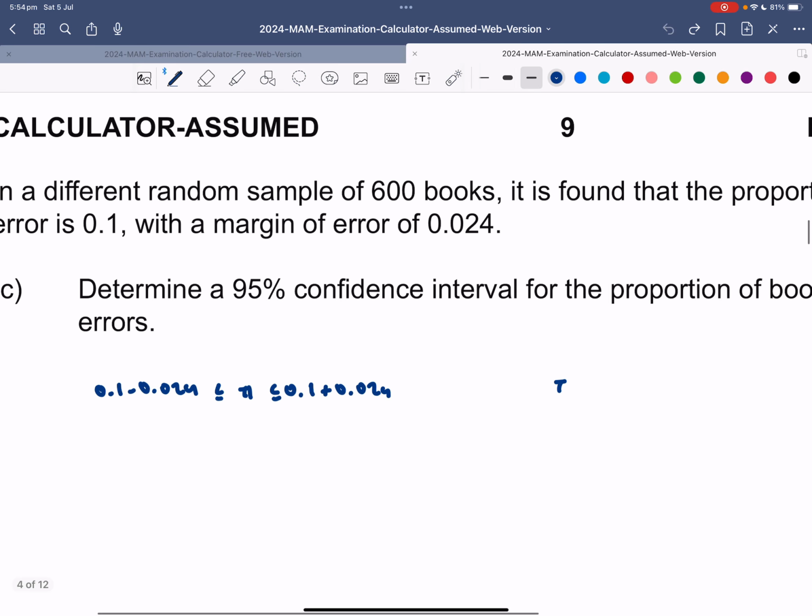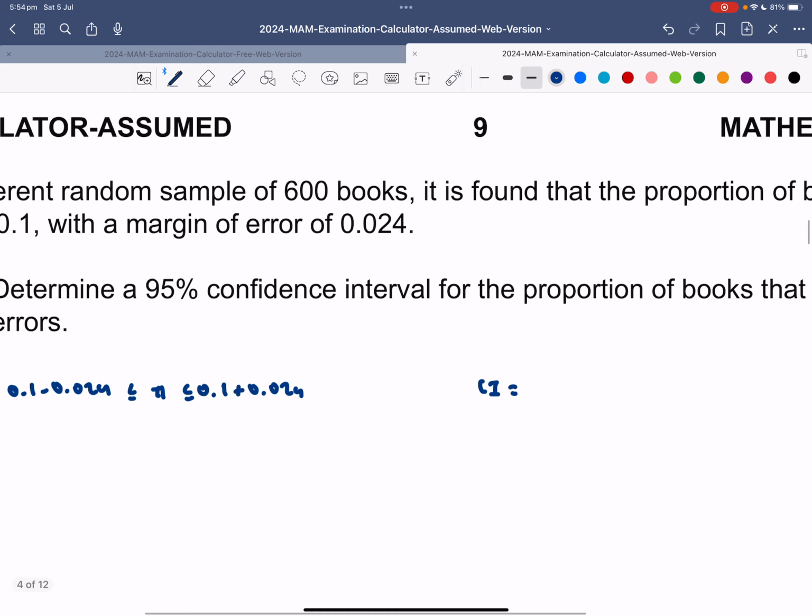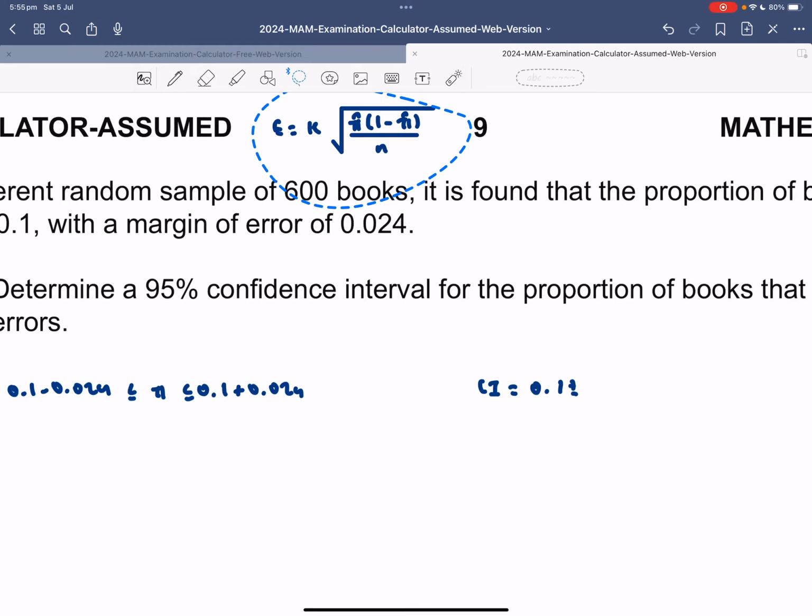Some teachers are pretty okay with the sample proportion of 0.1 plus or minus the margin of error. Instead of writing out k lots of root pi cap, 1 take pi cap, over n, we don't have to bother, because the error is given to us straight away.